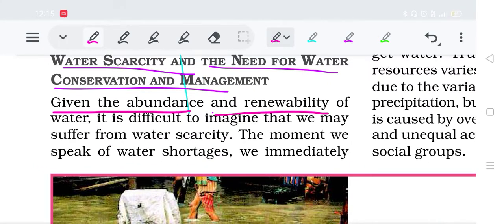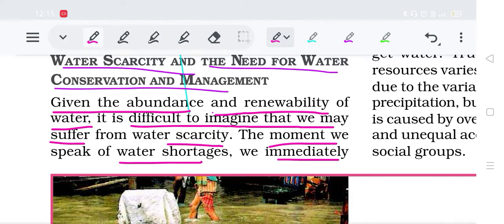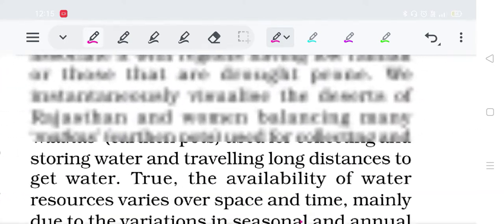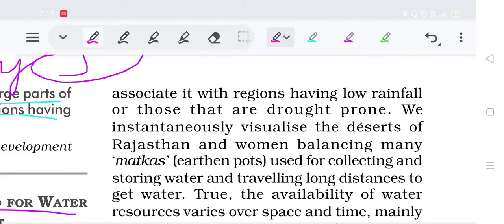Given the abundance and renewability of water, it's difficult to imagine that we may suffer from water scarcity. The moment we speak of water shortage, we immediately associate it with regions having low rainfall or those that are drought prone.